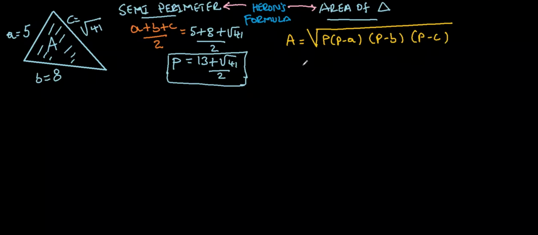So after finding the semi-perimeter, you have to substitute that value here to find the area.